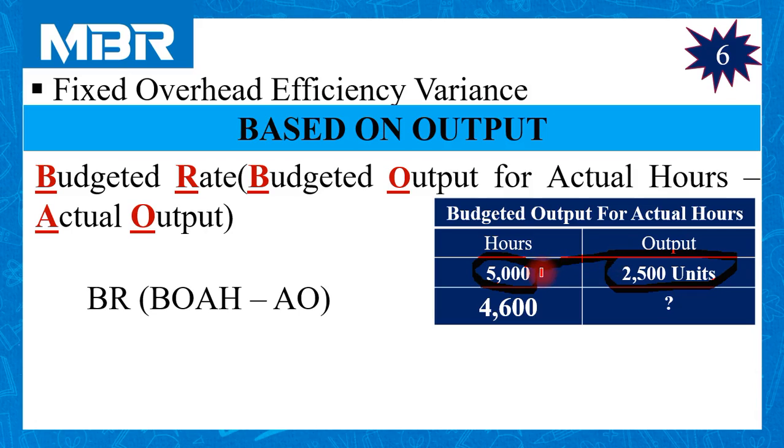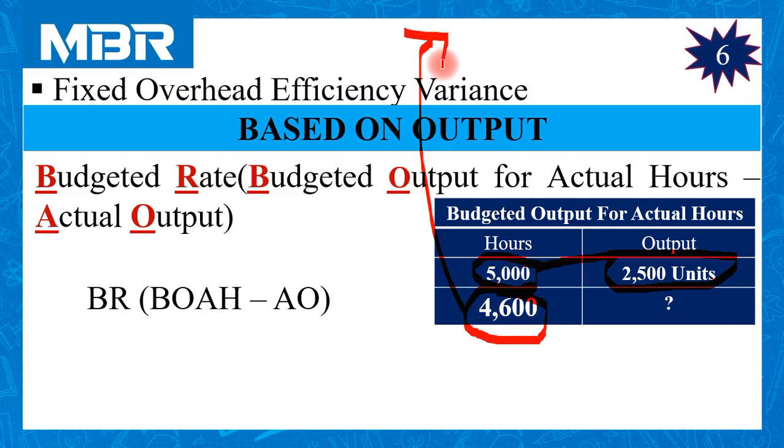You can check this data; it is clearly given in the budgeted data column of the question. Now, how many actual hours have we worked? Again, 4,600.